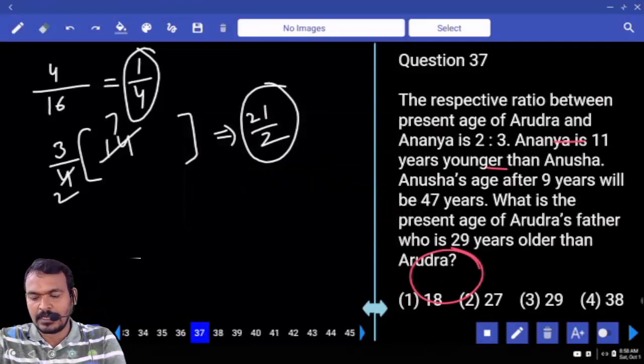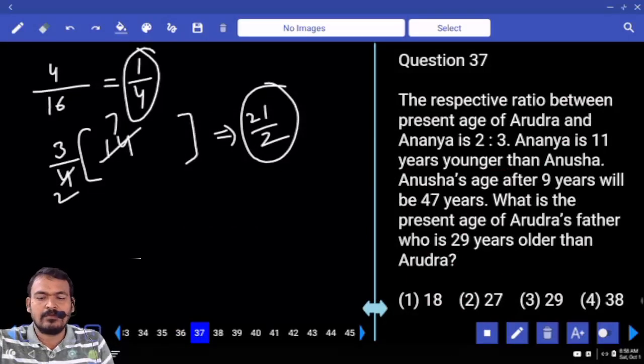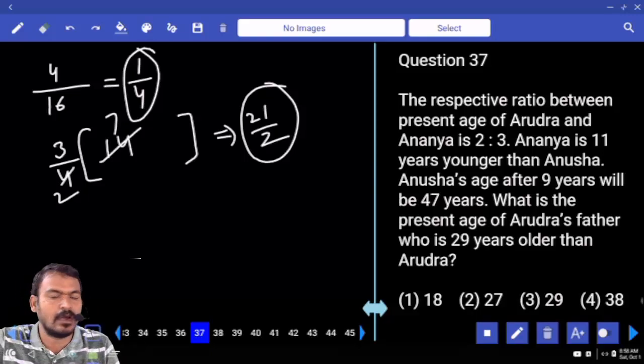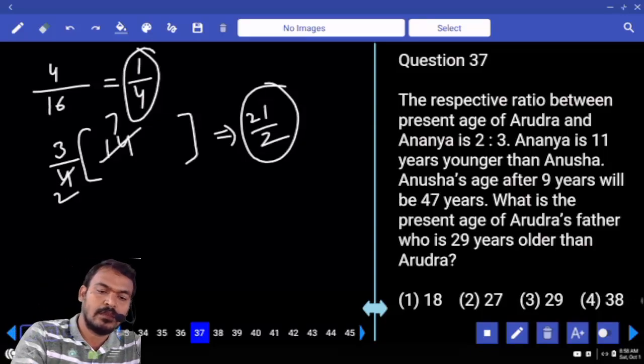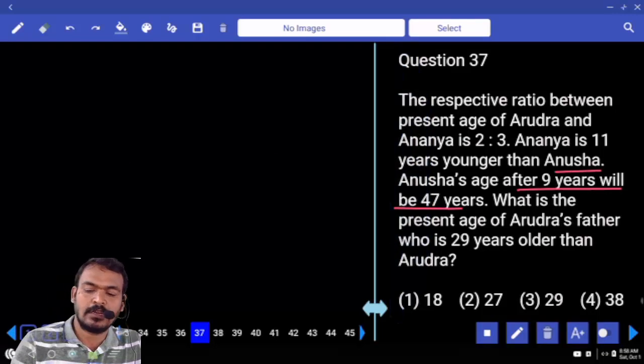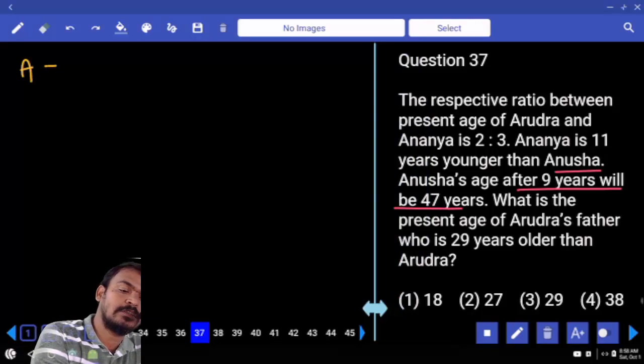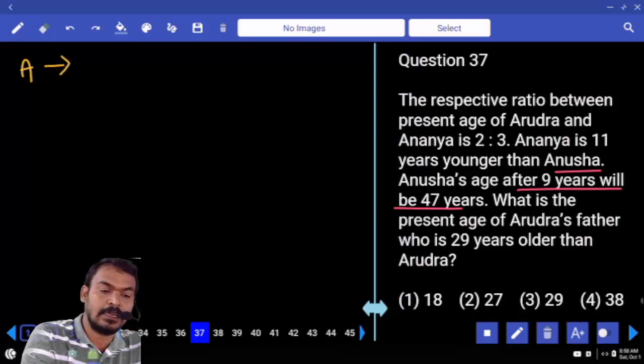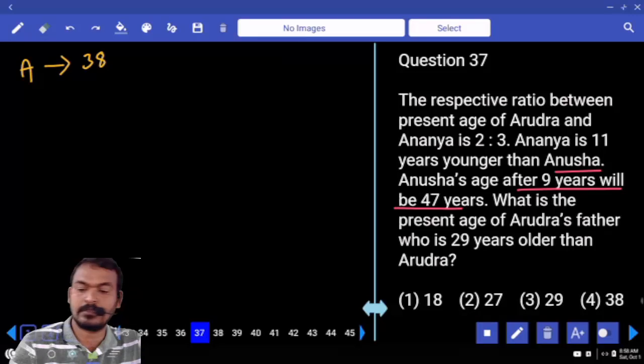Next, question number 37. The ratio of the present ages of Arudra and Ananya is 2:3. Ananya is 11 years younger than Anusha. Anusha's age after 9 years will be 47 years. What is the present age of Arudra's father, who is 29 years older than Arudra? First, Anusha after 9 years is 47, so her present age is 38.